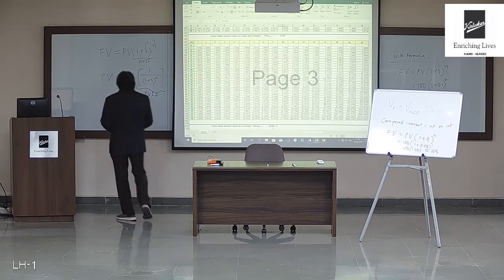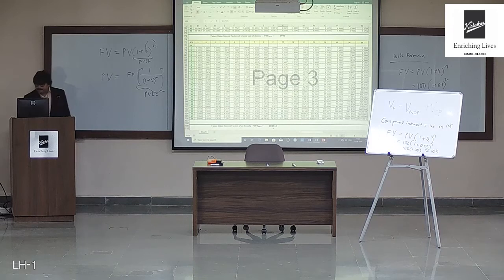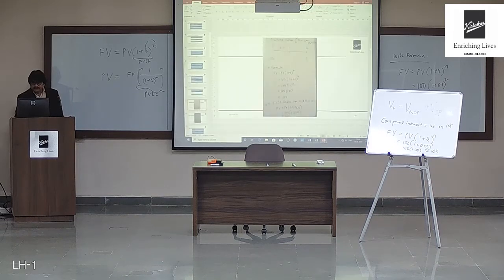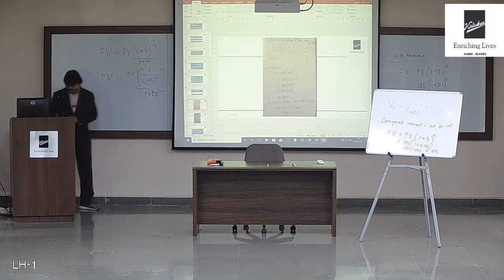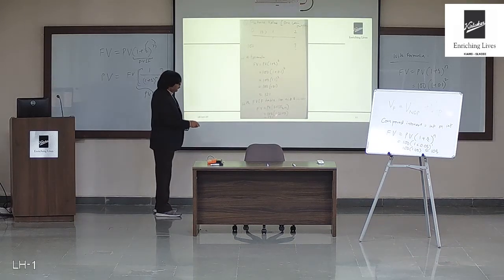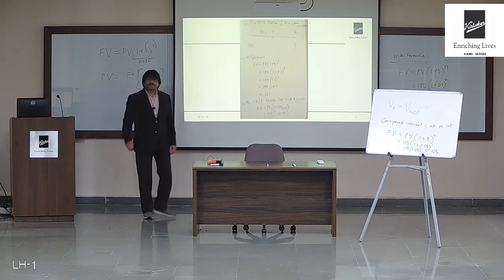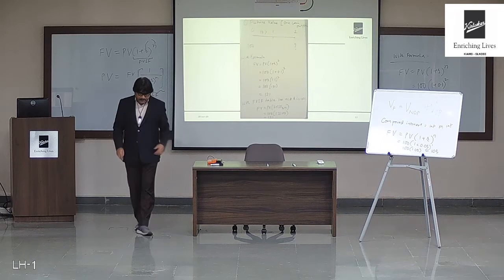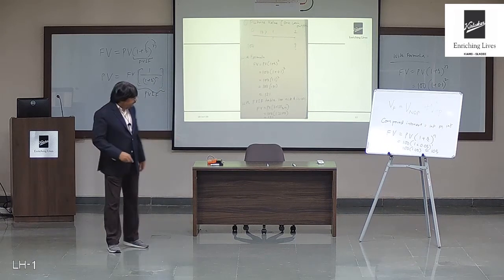Just plugging those values into the table, we can see that 1.21 is taken from the table, and you get the value of 121. Very easy. I think we can calculate this future value.